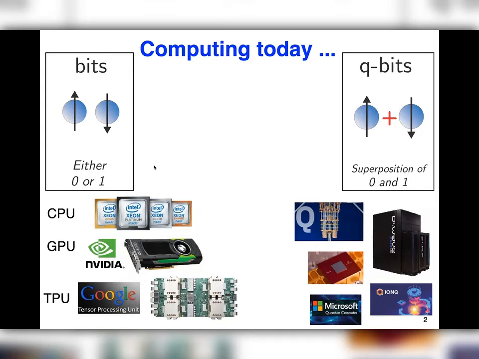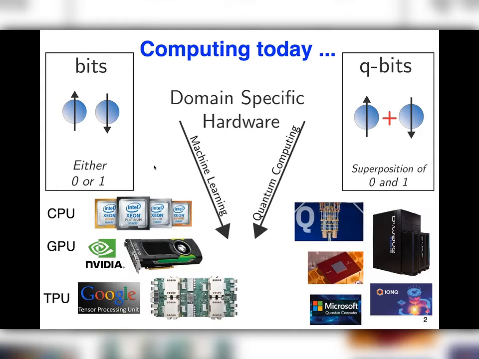Now, both of these domains are approaching towards domain specificity. What I mean by that is, in the case of bits, you see a lot of effort in trying to accelerate some of the difficult computational tasks of machine learning. On the other hand, quantum computing is also similar, that quantum computers are not expected to completely replace our existing computers, but they are really good at some natural tasks that come naturally to quantum computers.